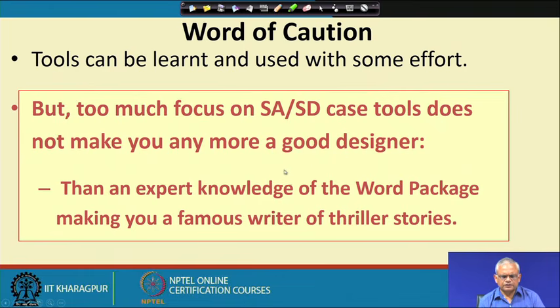Just to give an analogy, let us say you want to become a famous writer of thriller stories, and you learn the word processing package very well. That will not make you a good writer of thriller stories. What you need is to know how to write thriller stories, the storyline, and so on. Just learning the word processing package does not automatically make you a good story writer.